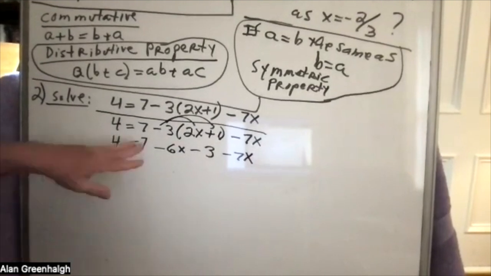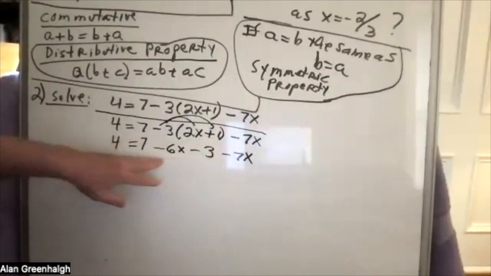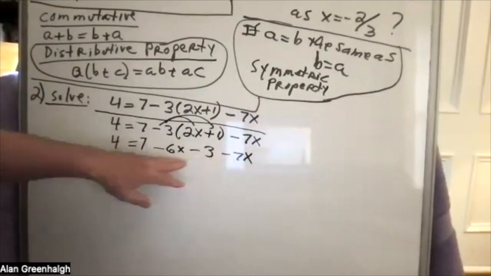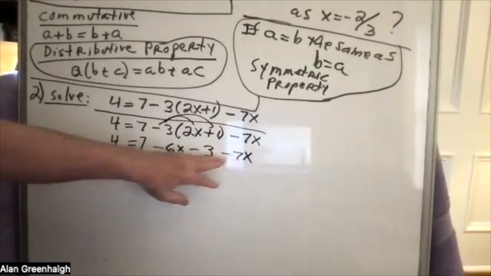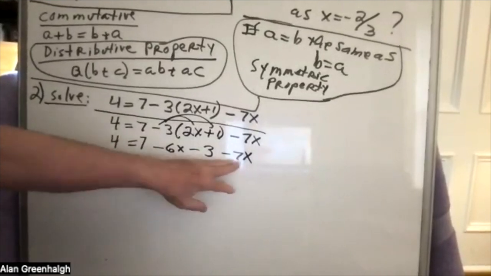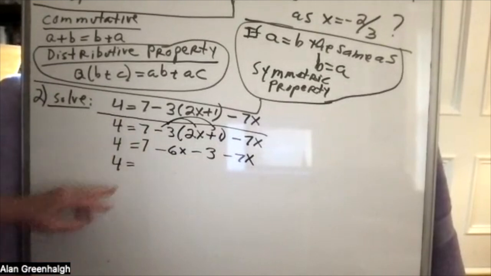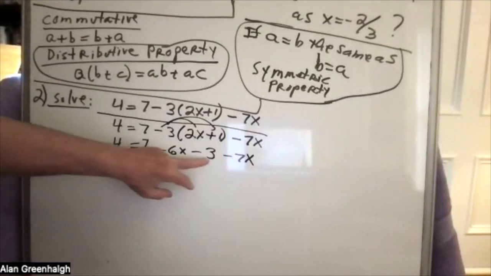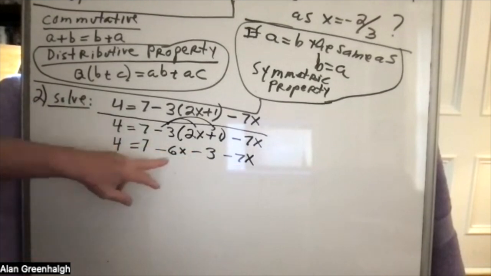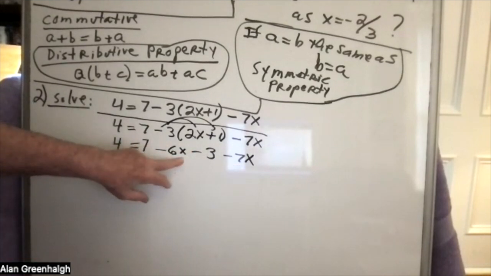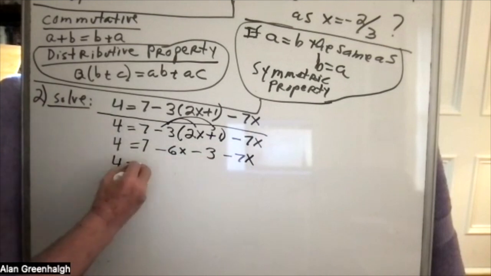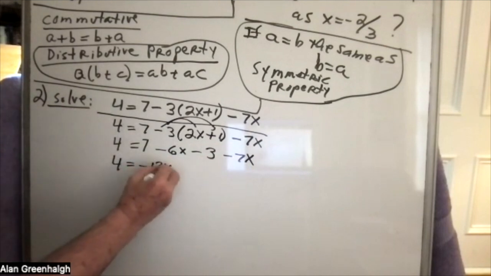Okay. Now, I see that there's a lot going on over here, so I'd like to combine like terms. So it's your choice, do you feel like combining the +7 and the -3, or the -6 and the -7? I would choose this. -6, -7 is -13x.